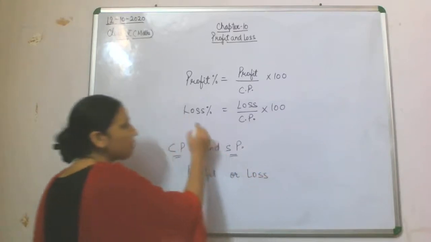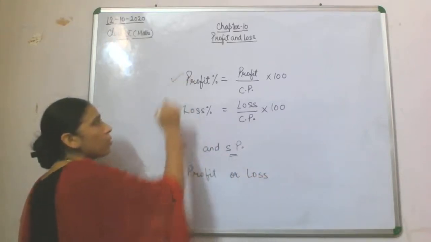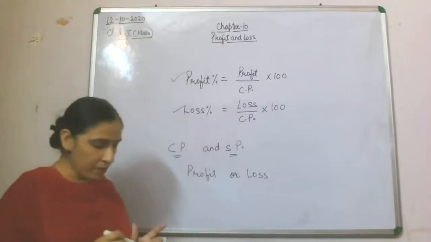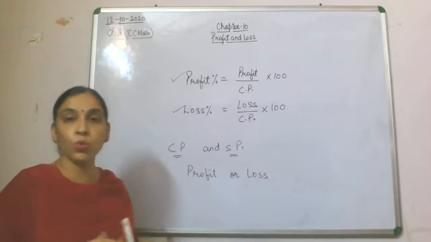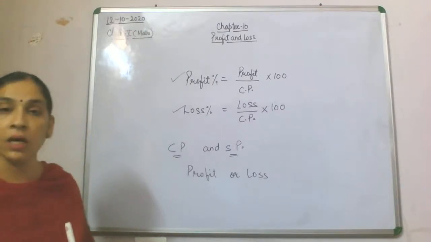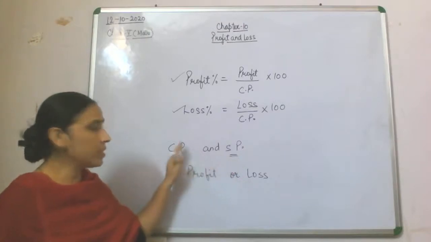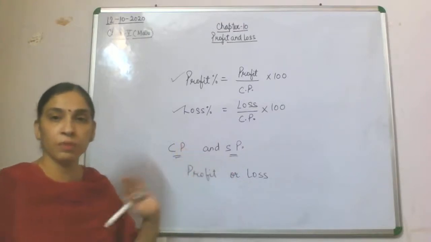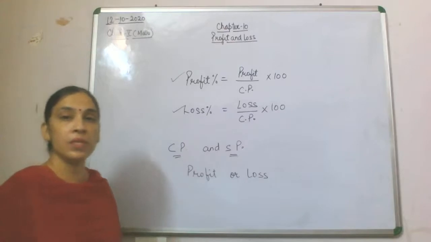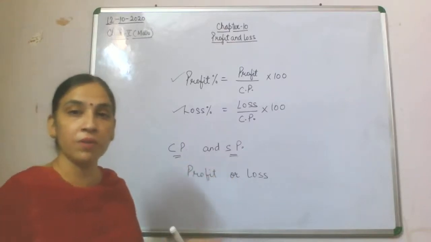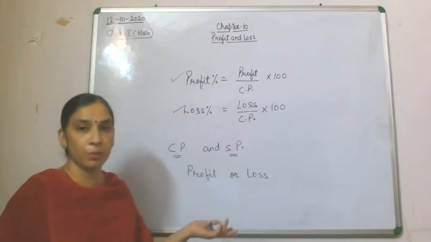Then only you can find out this loss percent and profit percent. Clear? So you are given either profit and CP to calculate profit percent, or you are given CP and SP. You have to calculate profit first, and after that you will calculate profit percent.